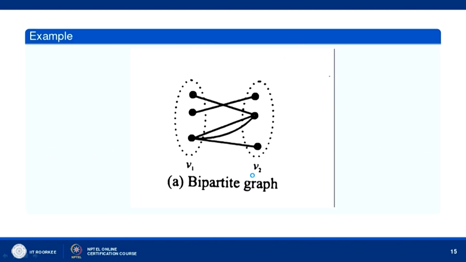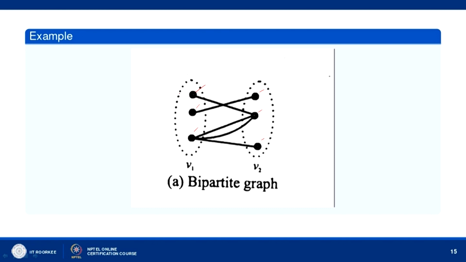Now, let us see for example this graph. You see here there are 6 vertices: 1, 2, 3, 4, 5, 6. This set of 6 vertices has been written as 2 sets of 3 vertices each.